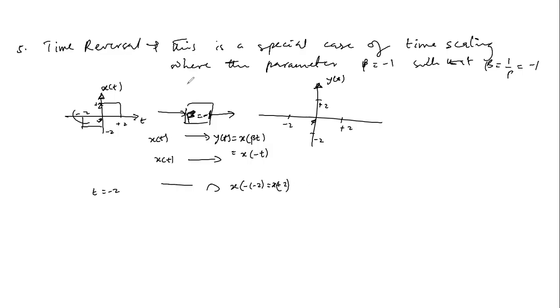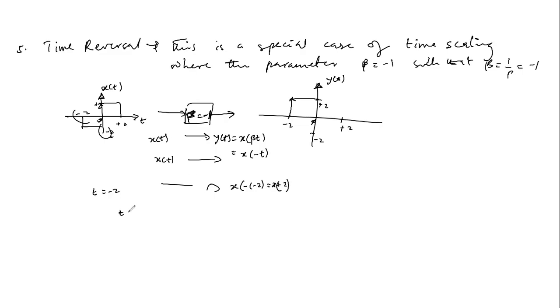So it means where the amplitude is negative 2, it is now positive 2, right? Yeah, so the amplitude goes something like this.